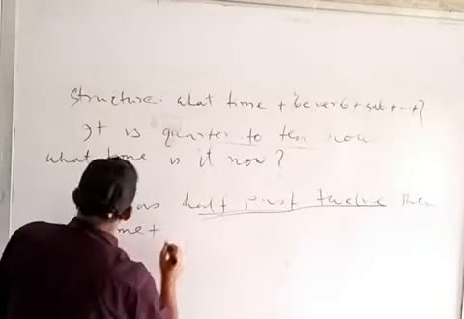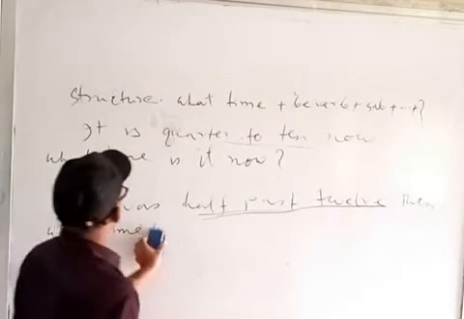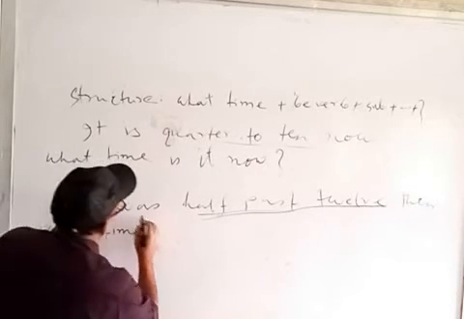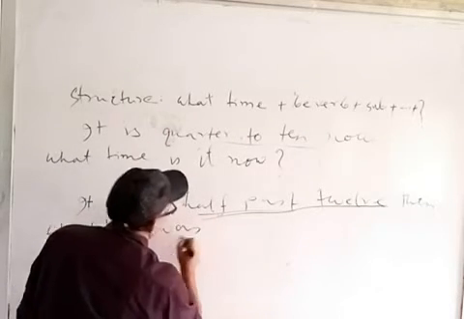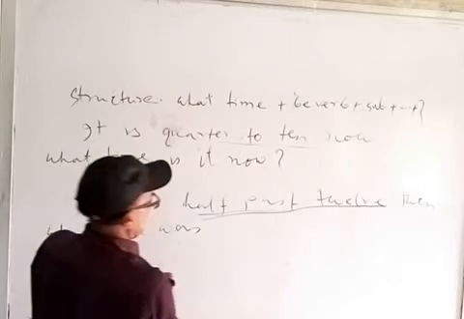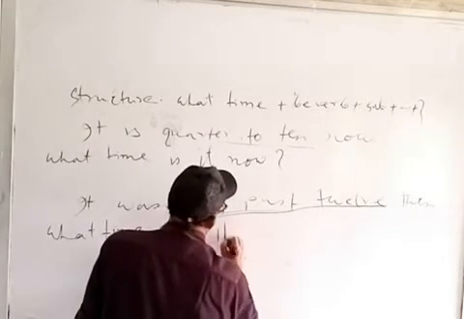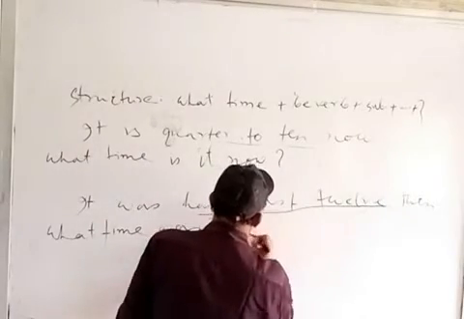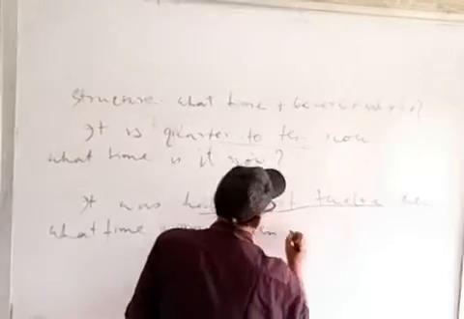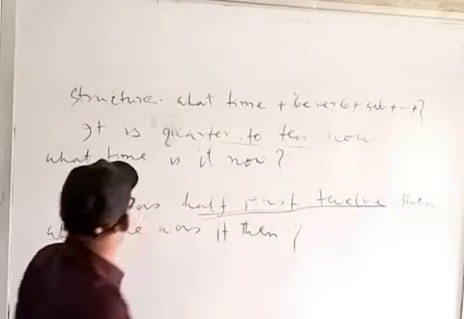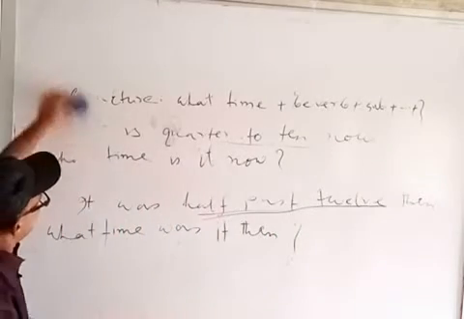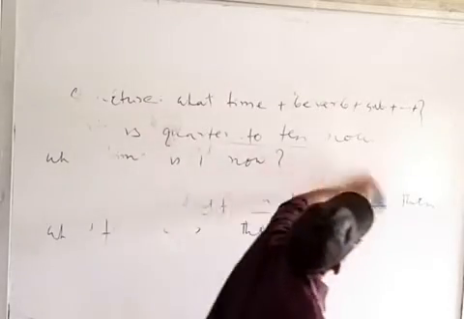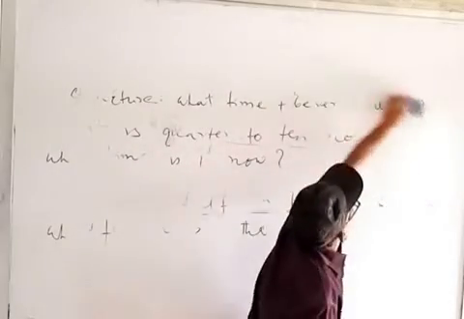The verb given is was. Then the subject it. Then the rest of the sentence, then. Then you have to use note of interrogation. This is all. So in such a way you can make WS questions by following these rules.